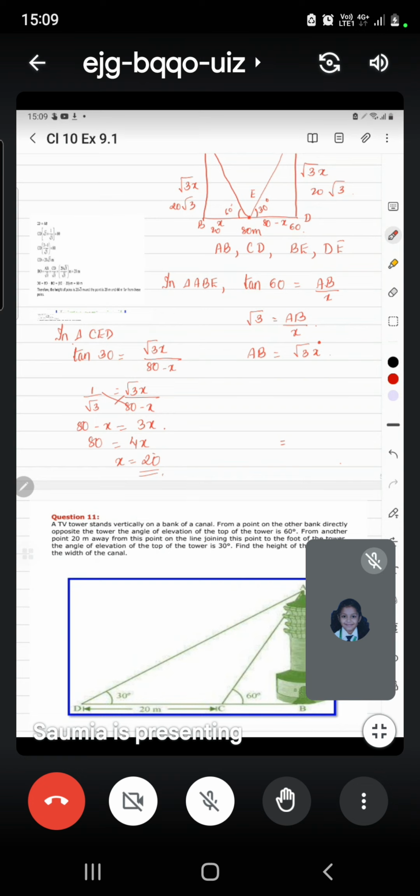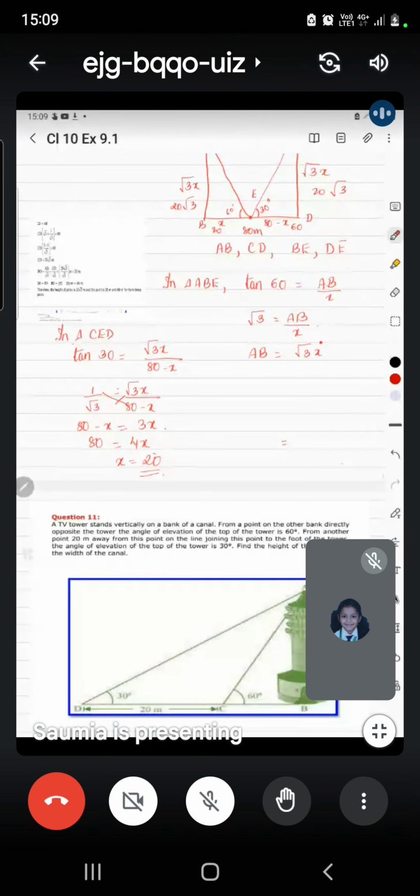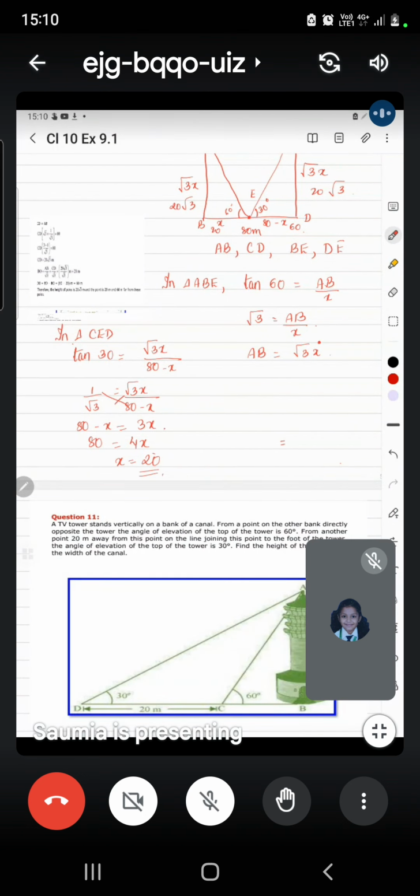Sounds very confusing, so we read it part by part. A TV tower stands vertically on the bank of a canal. So there is a canal and a tower is standing on its edge, the bank. From a point on the other bank, opposite to that, in the figure they have taken it as point C, the angle of elevation of the top of the tower is 60 degrees.